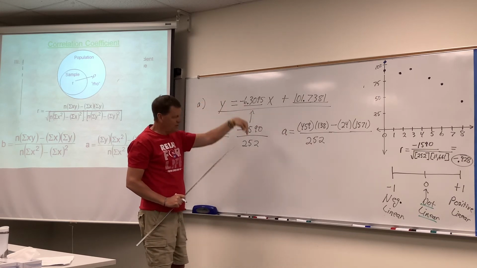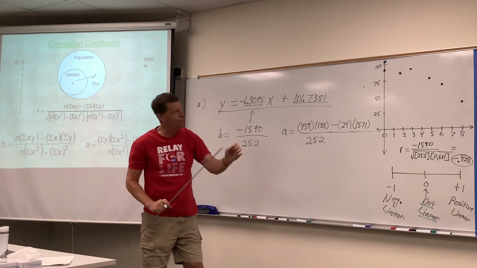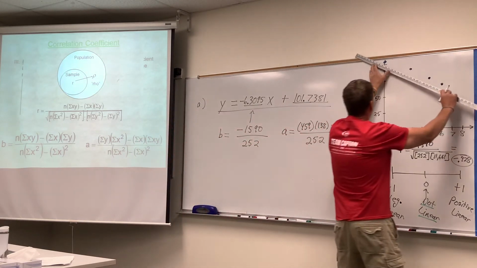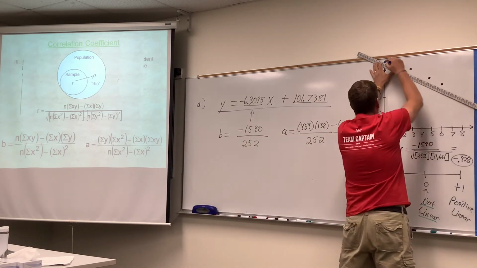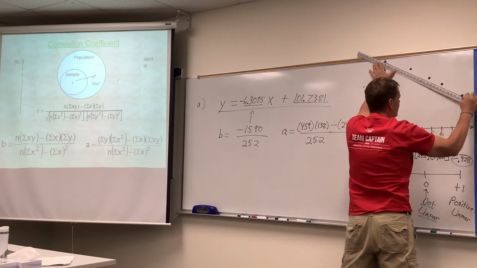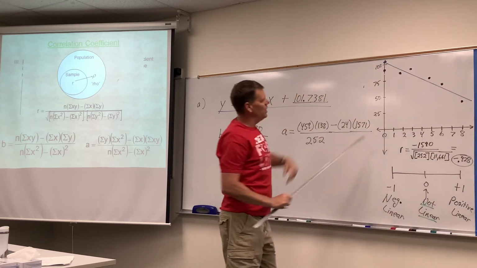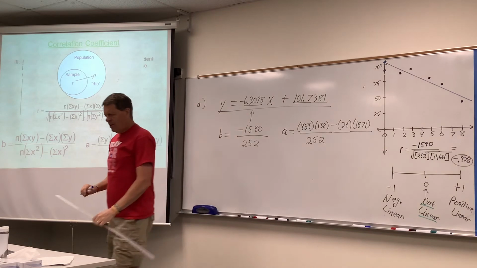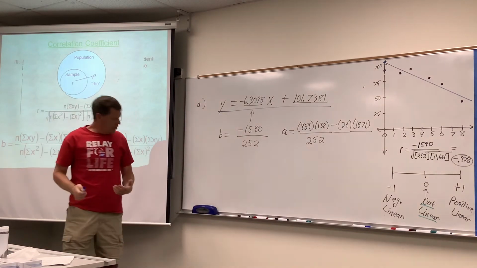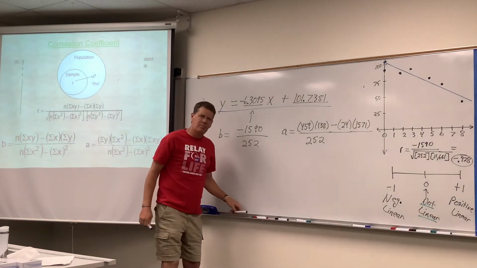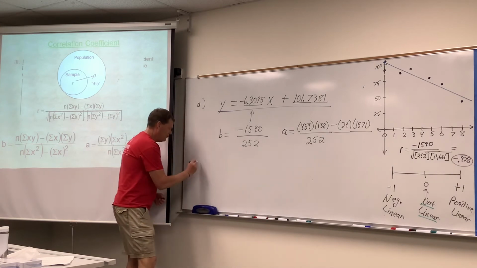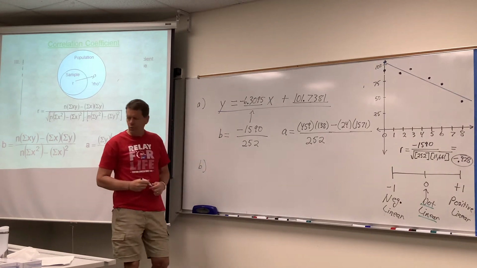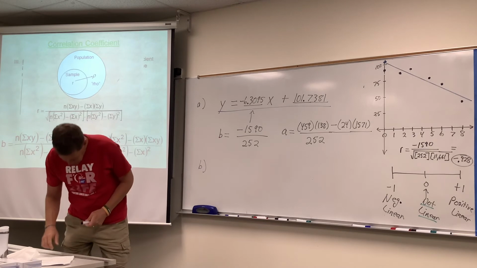Down 6.3 over 1. And that would basically make this line here. And the stats nerds of the world are saying, you can use this equation to predict a person's grade based on their absences. And so that's in fact what we'll now do with part B of this question.